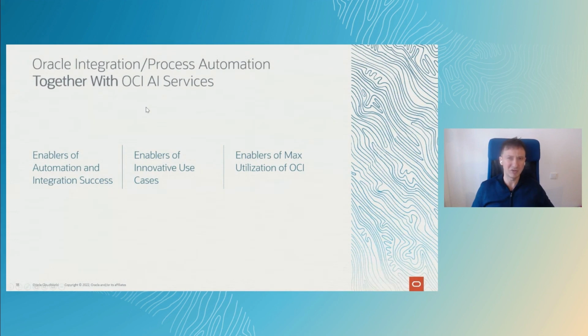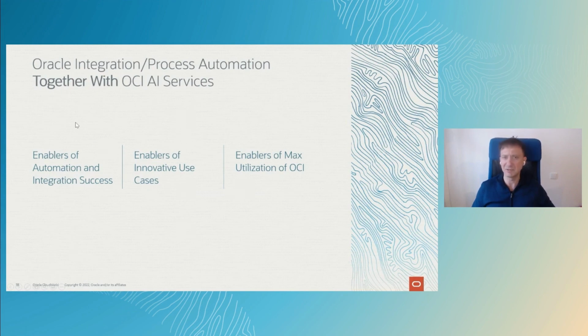There is a lot of innovation which unfortunately at the end does not end up in an operationalized and properly used use case within the processes. So this is another set of enablers that this interplay is giving us.